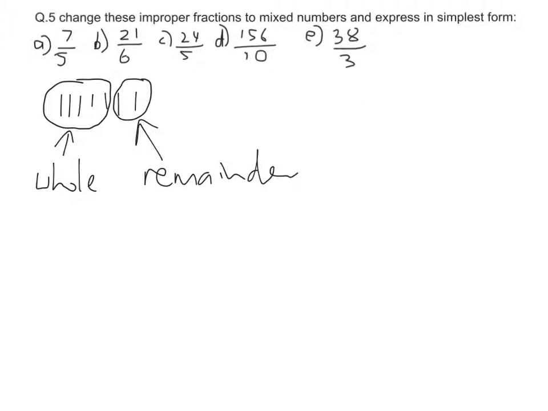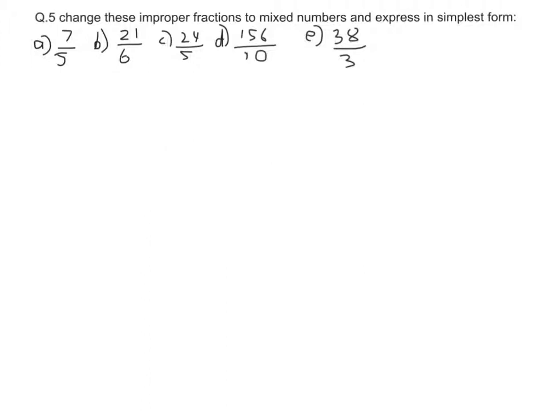Okay, so we know that. So now we can just go ahead and write the answer. So we know that 5 goes into 7 once, and there's 2 remainder, so the remainder is the numerator, and remember, we always keep the denominator the same. So your answer should be 1, 2 over 5.